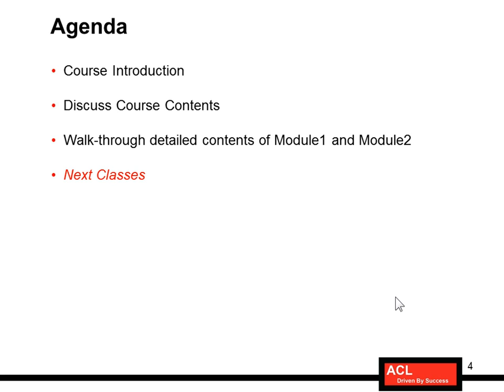Finally, the outcome at the end of module 2 is a professional looking website, and I'm pretty sure the way I'm going to teach you this, you will pick it up as fast as I picked it up while learning Joomla. And then at the end of this class, we will also see what the next class is that follows up. That said, let's proceed.